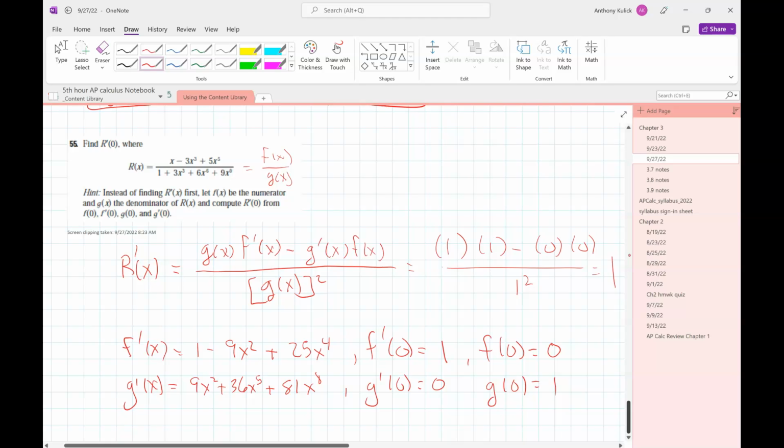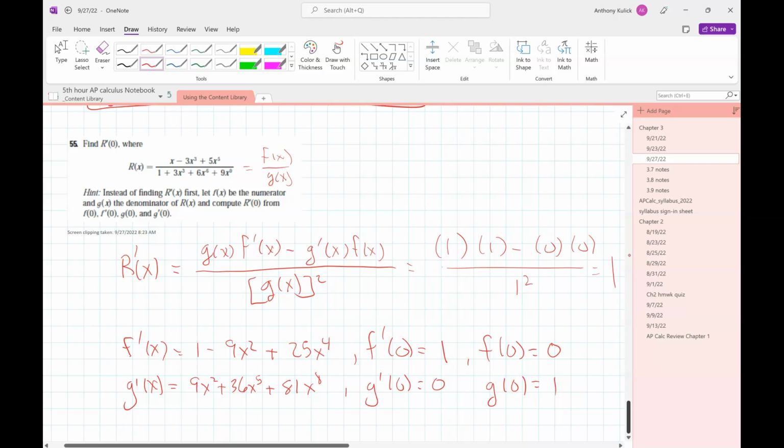Just do the easy derivatives, plug that stuff in, and piece it all back together into the formula, because that was borderline mental math, versus trying to grind through the quotient rule and simplify that down and then plug zeros in, which is a nightmare.